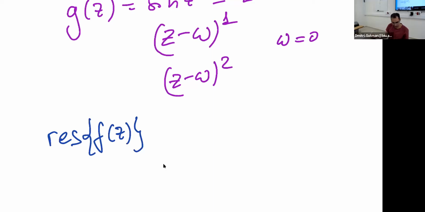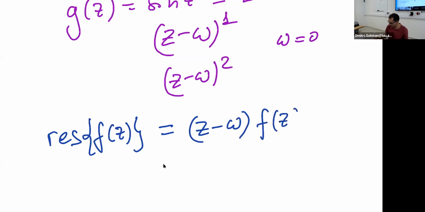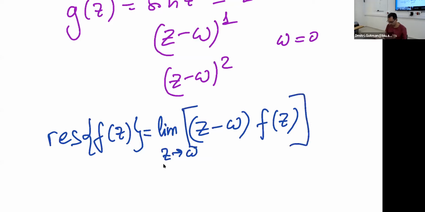We know from the general prescription that we should multiply the function by z minus w, and take the limit as z approaches w. Why am I using it?